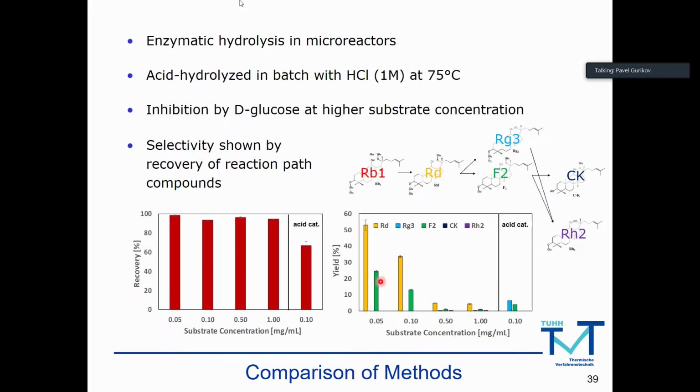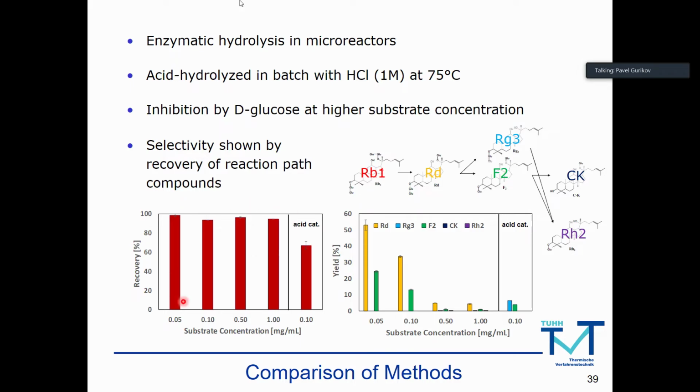But indeed, what you usually do, you nevertheless take a small reactor, static machine, acid catalyzed conditions, and you always compare what you get in your microreactor with what conventionally can be done. And you see that the recovery is always lower. So I just give you one bar, we have many experiments of that sort. We always see approximately 60% recovery for the acid catalyzed conventional process.